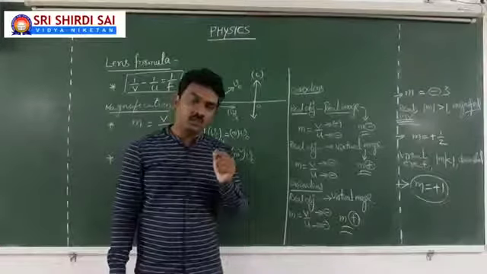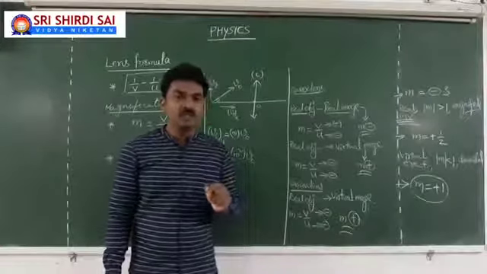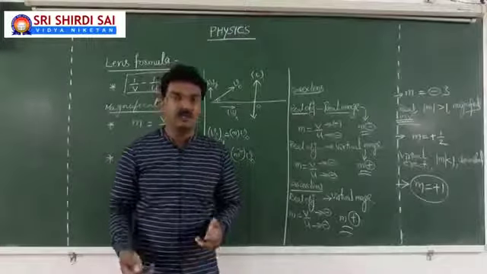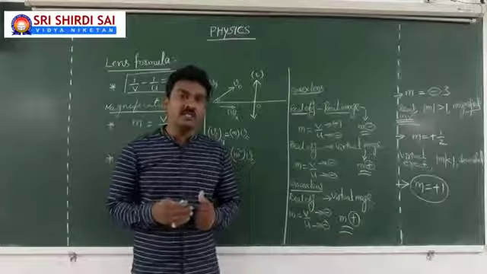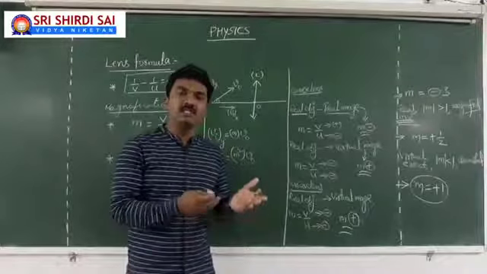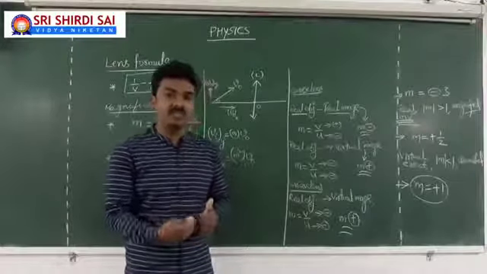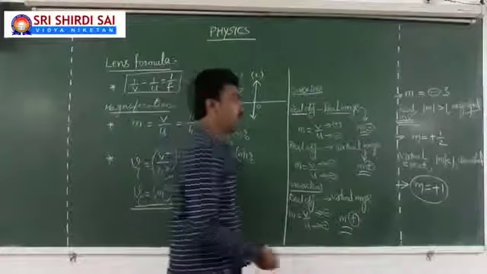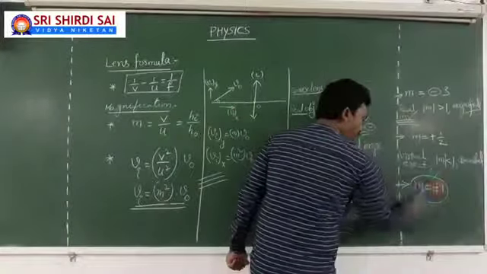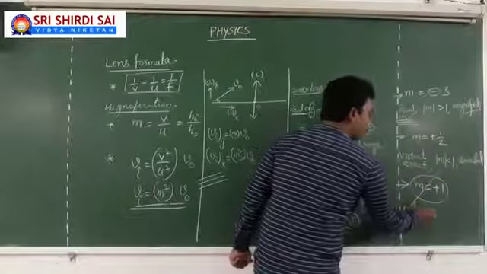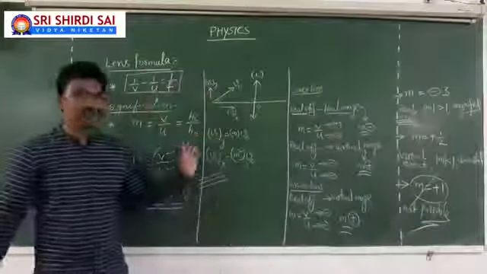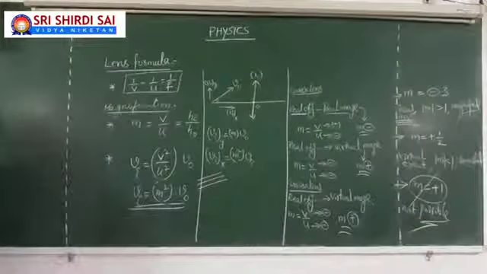Means you have a virtual image which is neither magnified nor diminished. Is it possible? In a convex lens, we have a virtual image which is magnified. In a concave lens, we have a virtual image which is diminished. So a virtual image whose size is neither magnified nor diminished is not possible, which is a contradictory point. So, let's go through all these basic points.